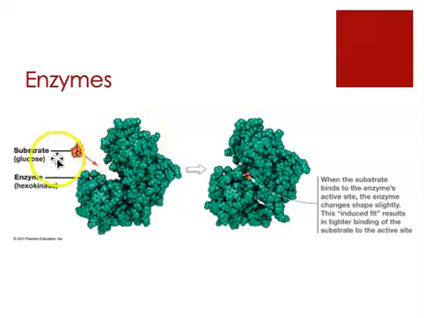And the substrate, which is drawn as this little red molecule, is glucose itself. Notice how small the glucose is relative to the hexokinase. That's realistic. So the glucose is going to come in and it's going to land and bind in that active site.